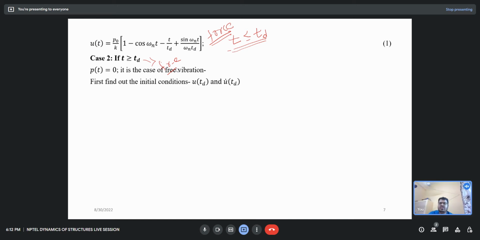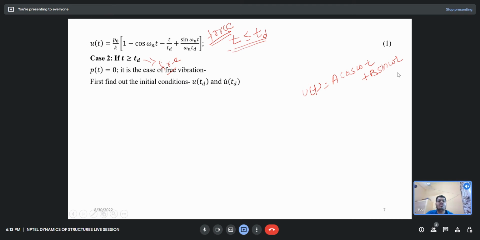So this is the free vibration case. Do you know what our equation of free vibration is? The free vibration equation is u(t) is equal to a cos omega t plus b sine omega t.